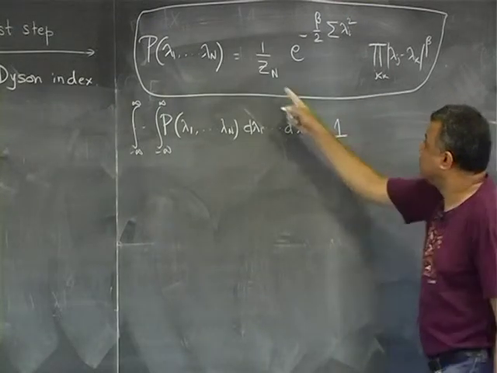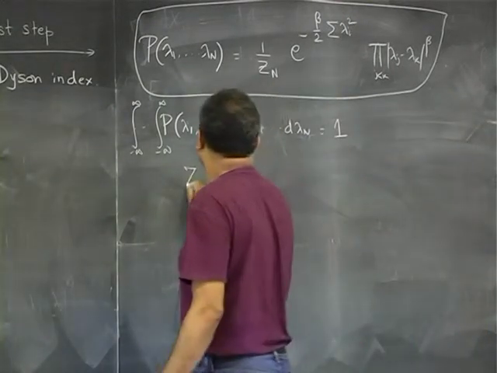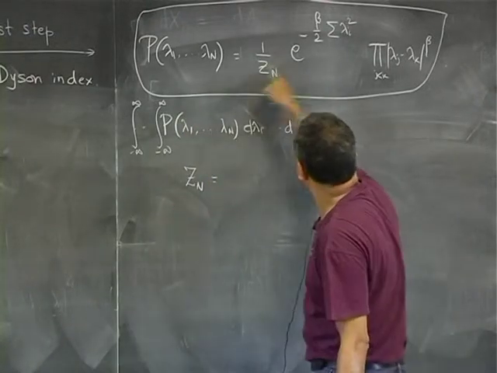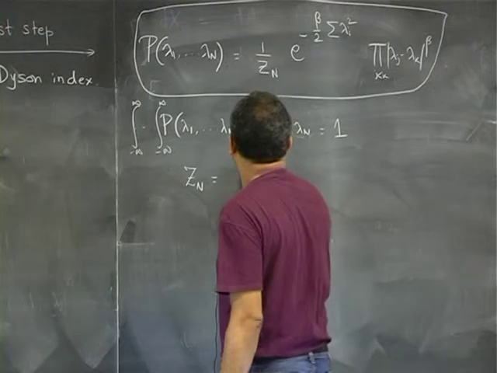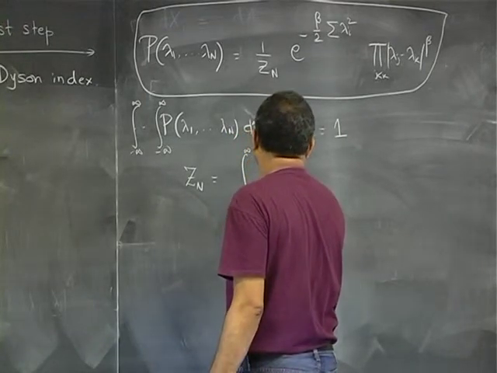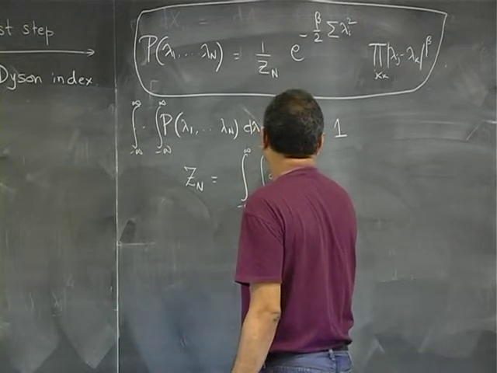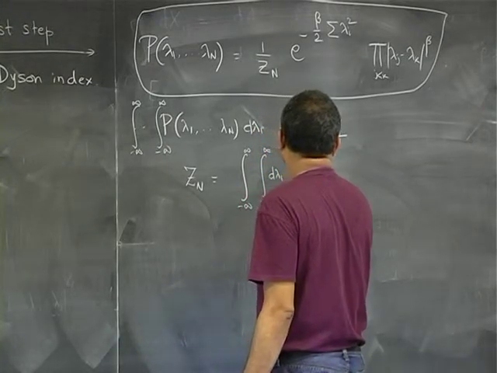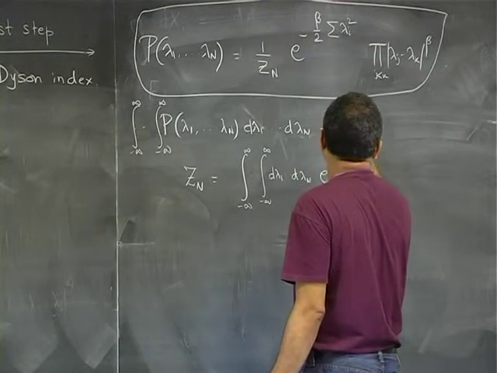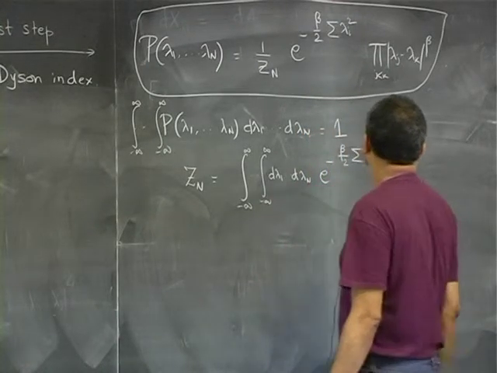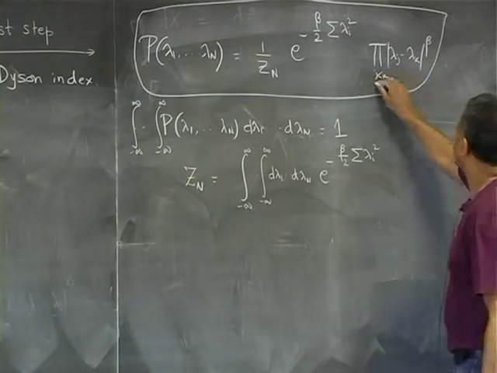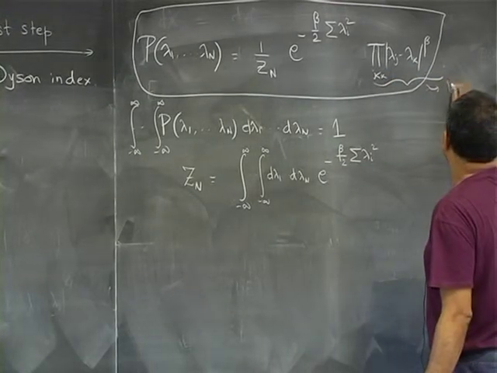So if I substitute this object there, you see that Zn is just the multiple integral, times this object. Okay? This is called the Vandermonde determinant.